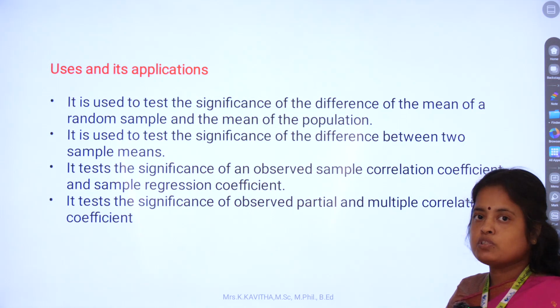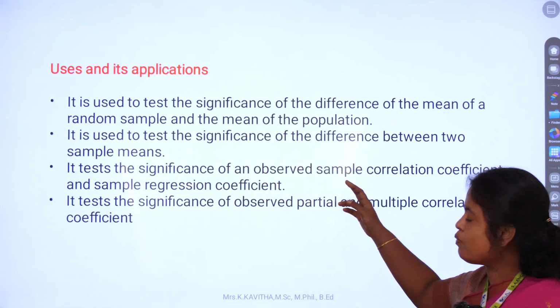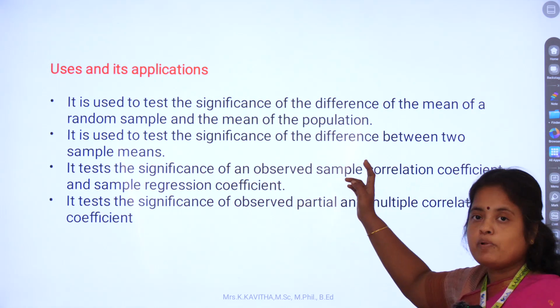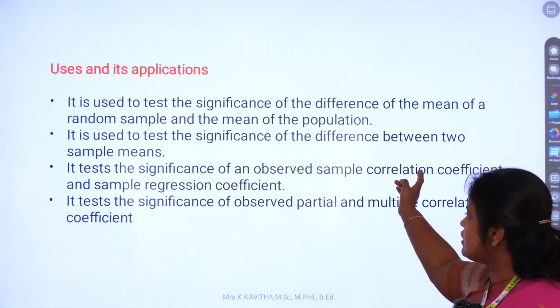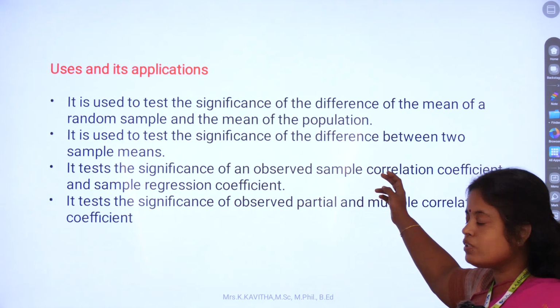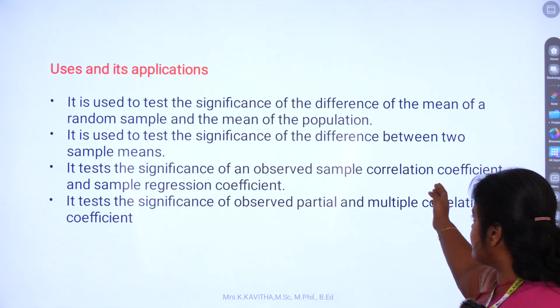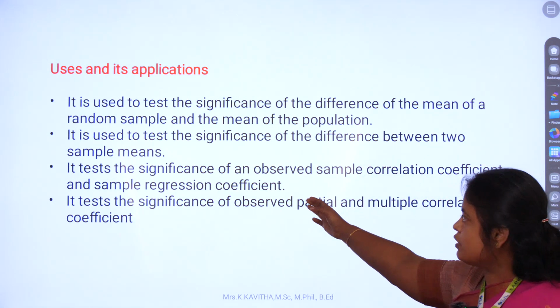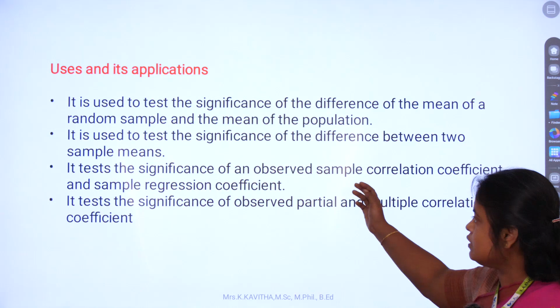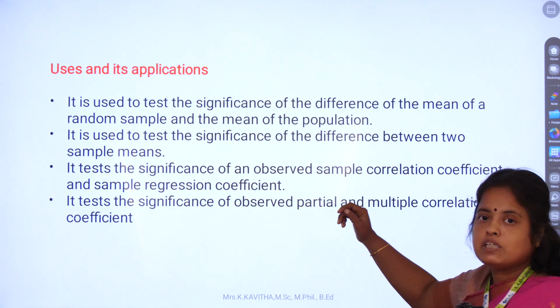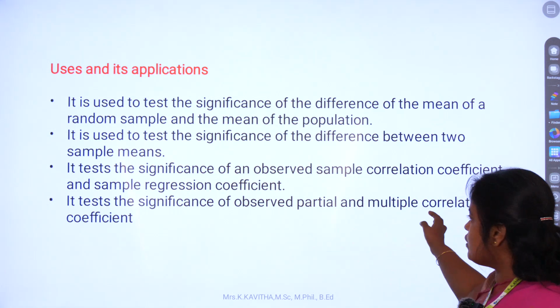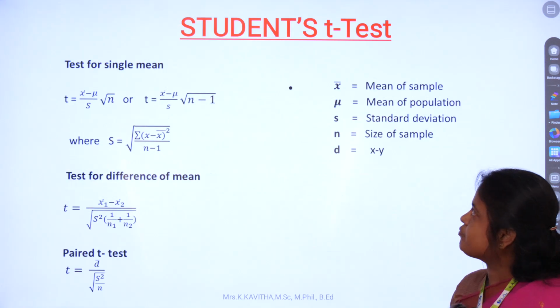The t-test is used to test the significant difference between the sample mean and the population mean. It is used to test the significant difference between the means of two samples. It is also used to test the significance of the correlation coefficient and the regression coefficient. It is also used to test the significance of the partial and the multiple correlation coefficient.